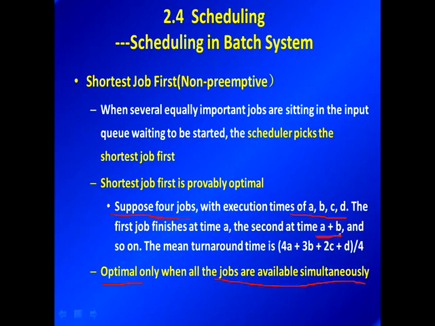Because the second job needs to wait for the first job to finish and exit, and then it can get into the CPU to run its instructions. It needs time B to finish its job, and then C, and then D.